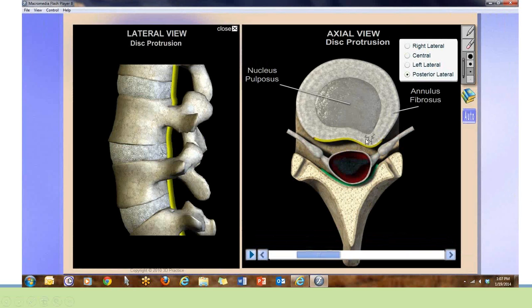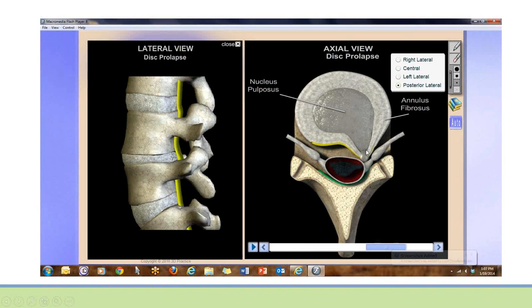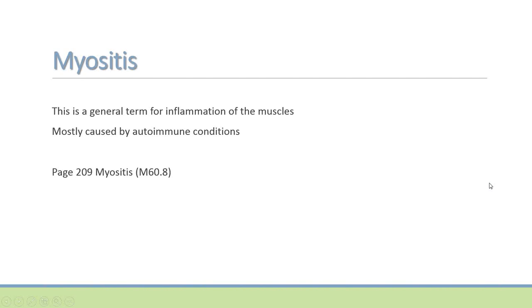You know, some disc displacement, some tearing out here. What happens when a herniation or disc prolapse actually erupts in and starts irritating the dorsal root ganglion. So you can start doing some anatomy and some visualization exercises.